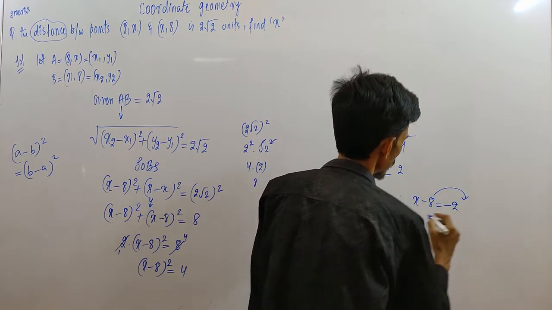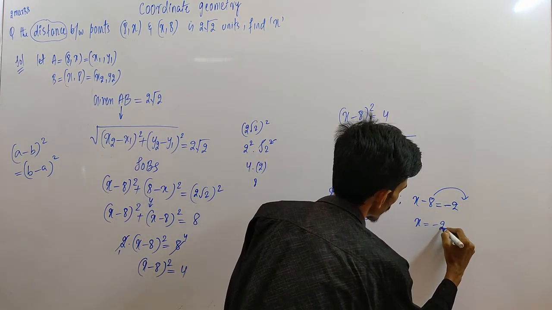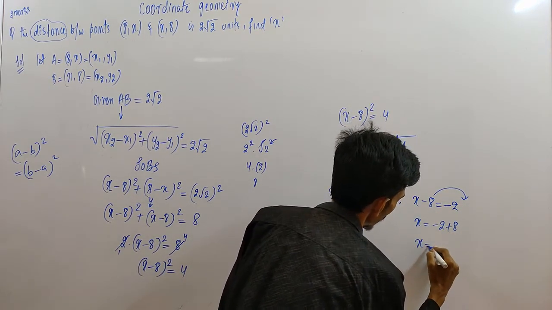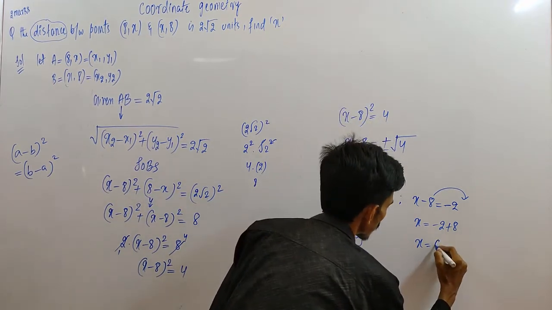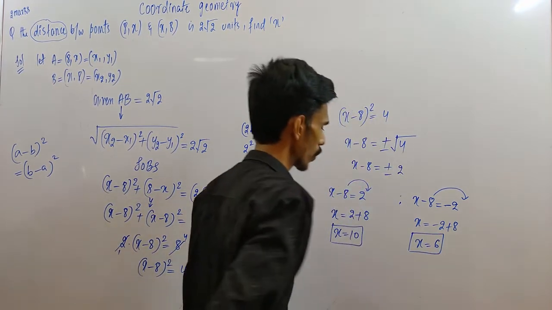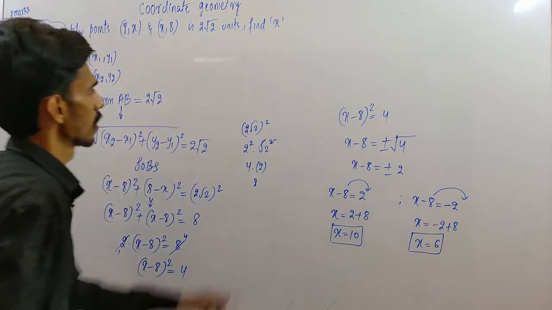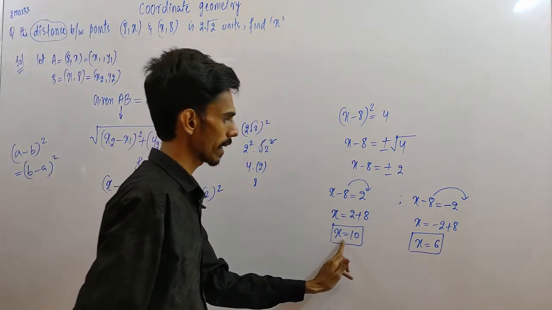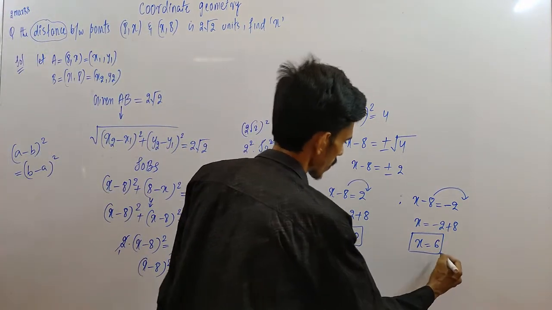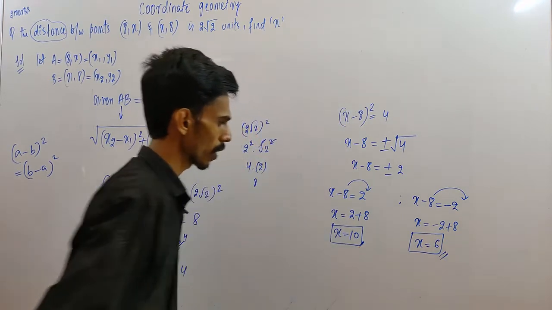Now send this 8 to the other side, it becomes minus 2 plus 8, which is 8 minus 2, 6. So we have two values of x: 10 and 6. These two are the answers for this question.